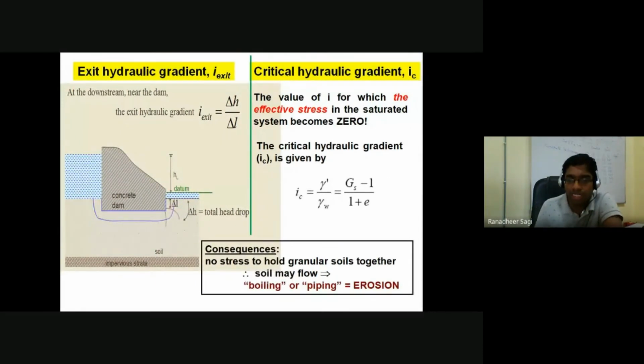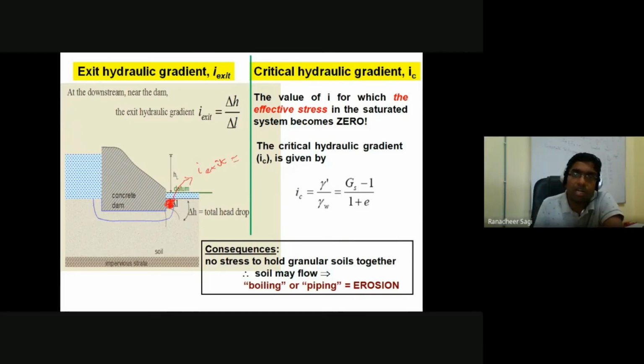Now, how do I understand whether piping failure is expected to happen, whether the soil element immediately on the downstream side is undergoing failure or not? For that, we calculate the exit hydraulic gradient, or rather the hydraulic gradient of the soil element immediately at the exit on the downstream side of the hydraulic structure.